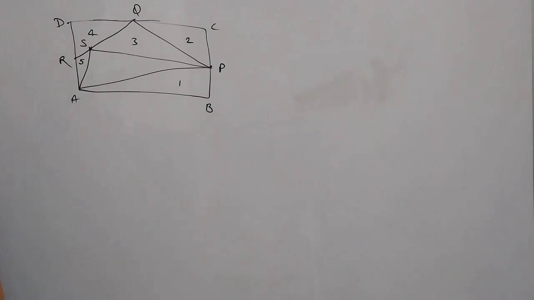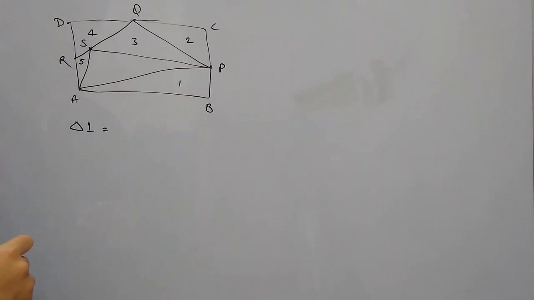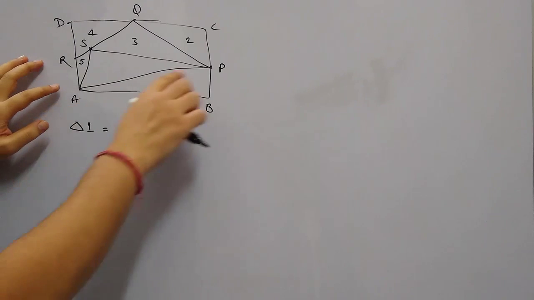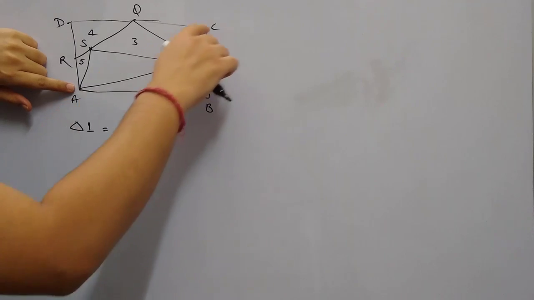So area of triangle 1. See, AP, imagine we have AC joined.